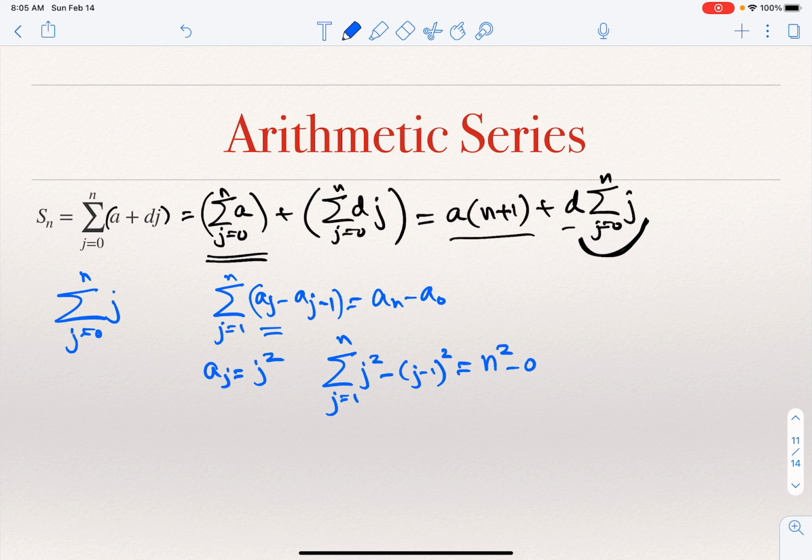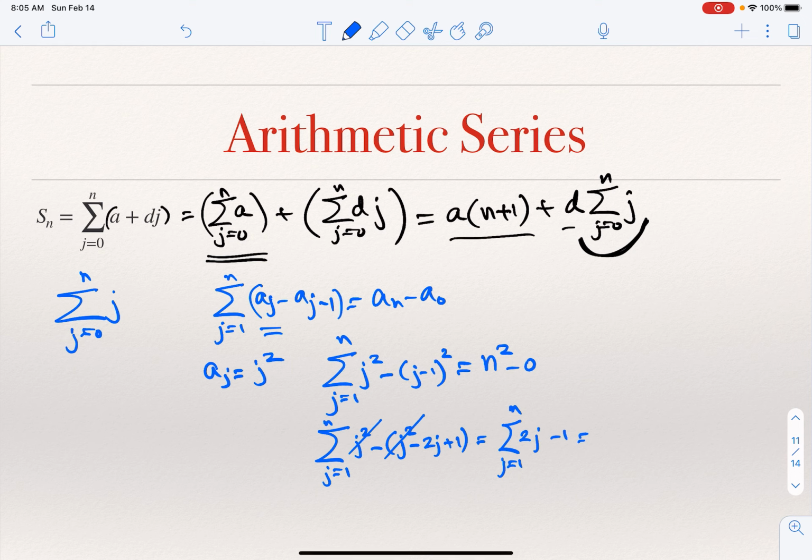This is j squared minus (j squared minus 2j plus 1), from j equal 1 to n. And this would equal: j squared cancels out, minus minus 2j becomes 2j, and the minus 1 here.